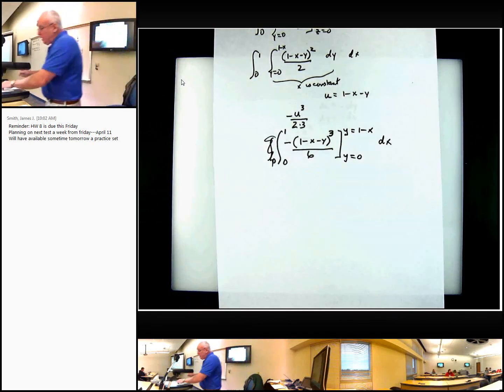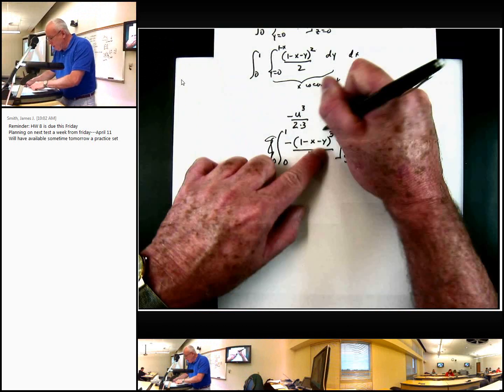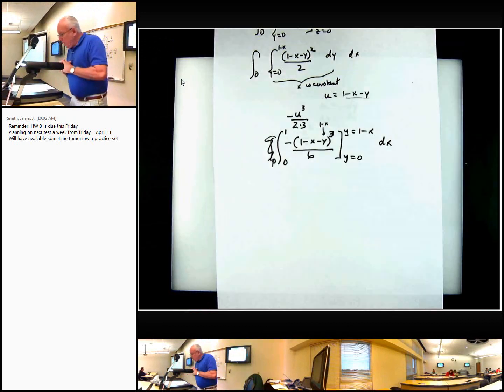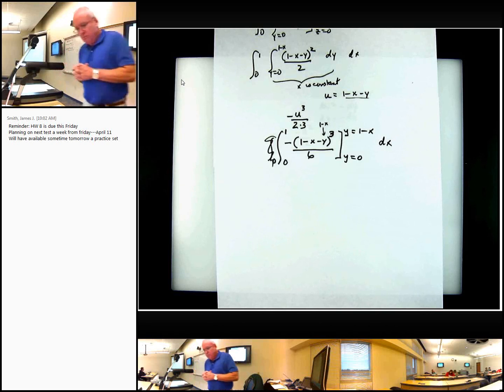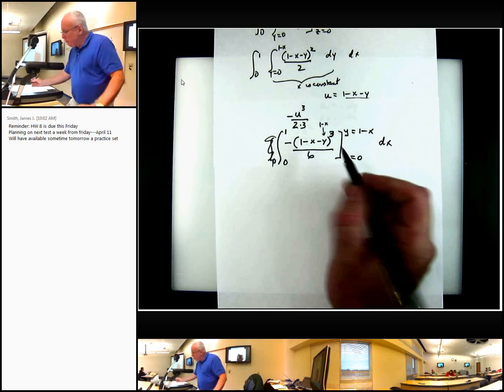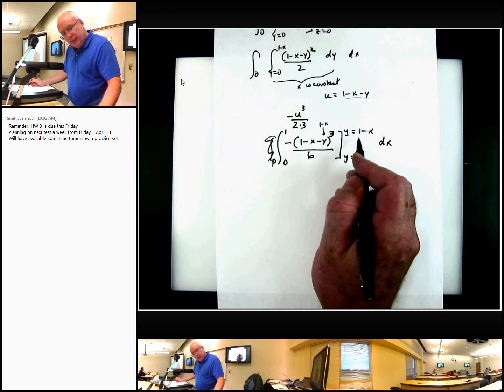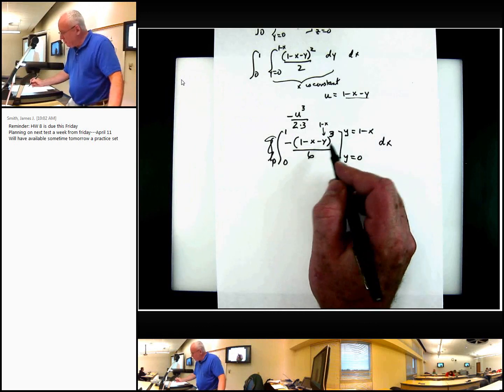So what do we get when we plug in 1 minus x right here? The 1s are going to go away, the x's are going to go away. So that's 1. When y is equal to 1 minus x, 1 minus x minus y.